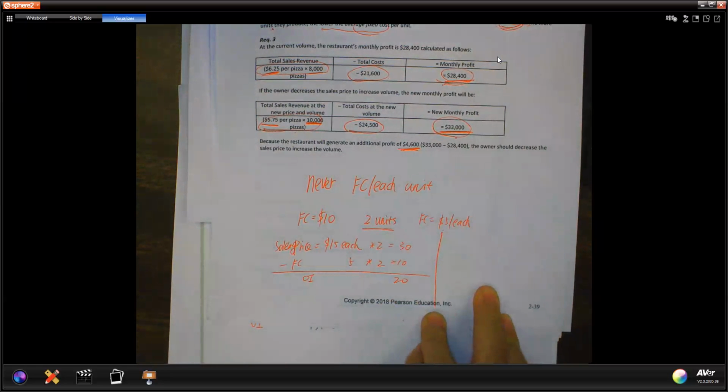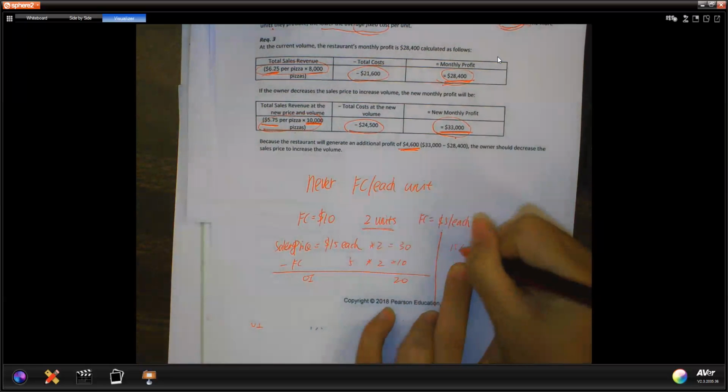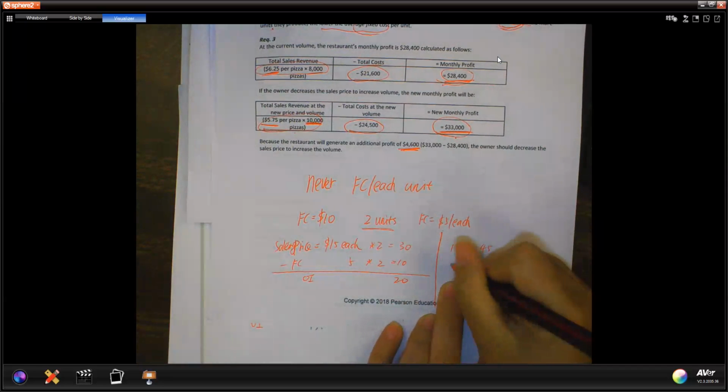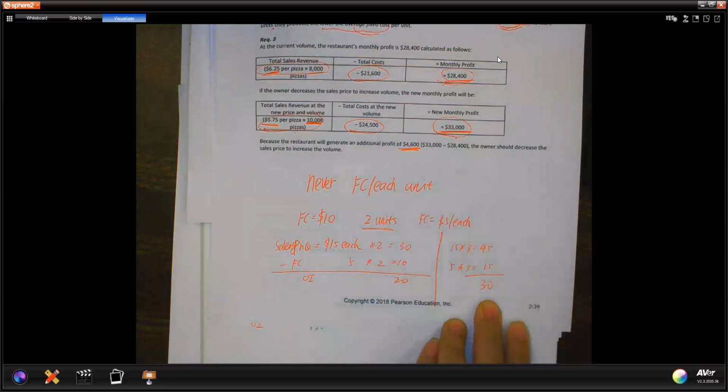So you say, my operating income is $20 when I make and sell 2 units. Now, how about if I make and sell 3 units? My revenue will be 15 times 3, which gives me 45. And my total cost will be $5 each times 3, that gives me 15. So my new operating income will be 30.